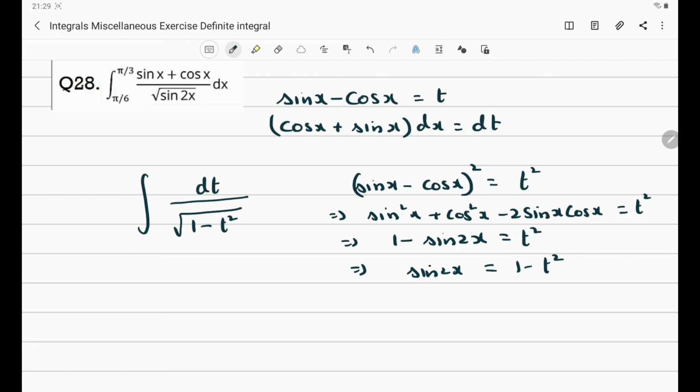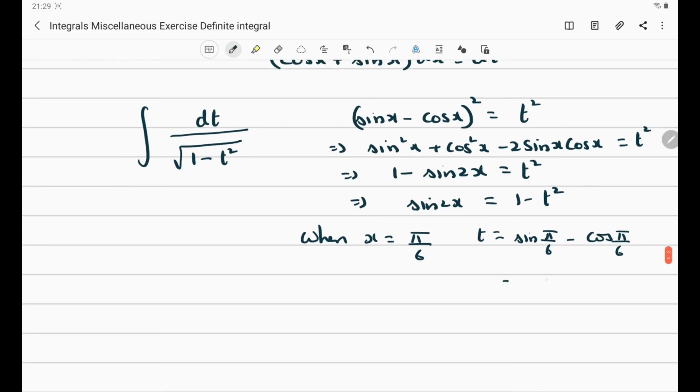So when x is equal to pi by 6, the value of t is sin pi by 6 minus cos pi by 6, that is sin pi by 6 is half minus cos pi by 6 is root 3 by 2, that is 1 minus root 3 divided by 2. So the lower limit becomes 1 minus root 3 divided by 2.